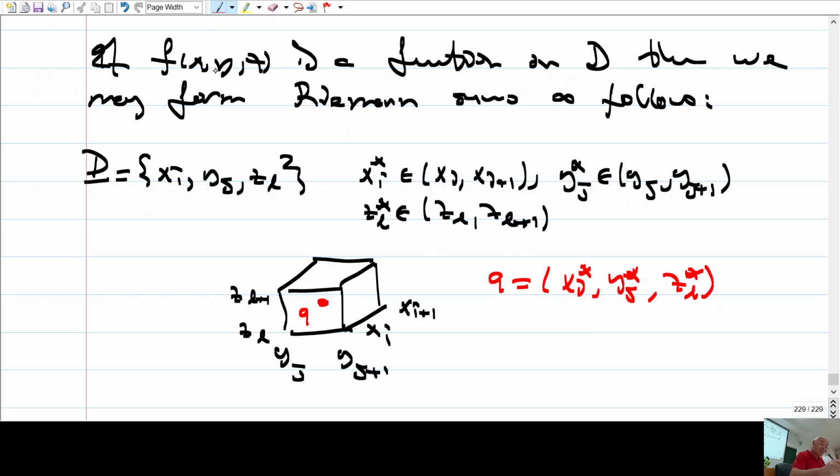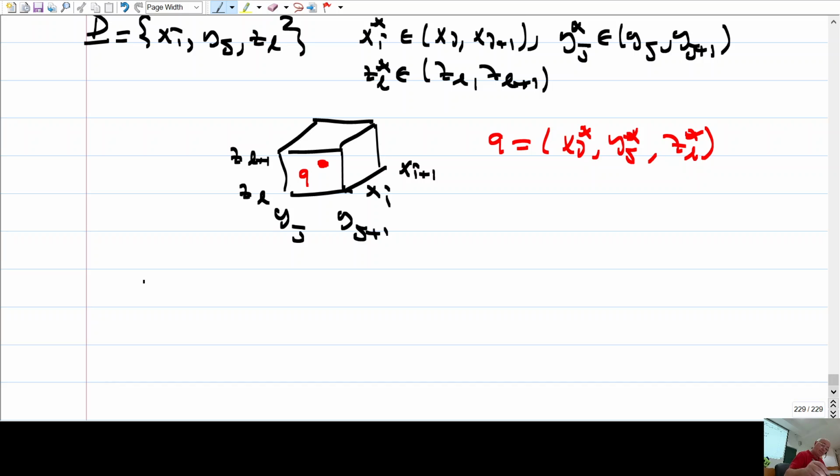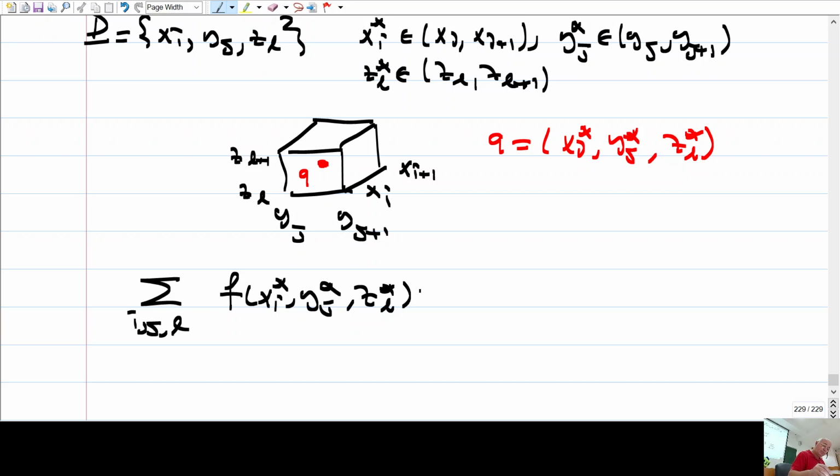And what is the Riemann sum? You take the summation over all i, j, l, compute your function at this point, multiply it by the volume element, and take the sum.